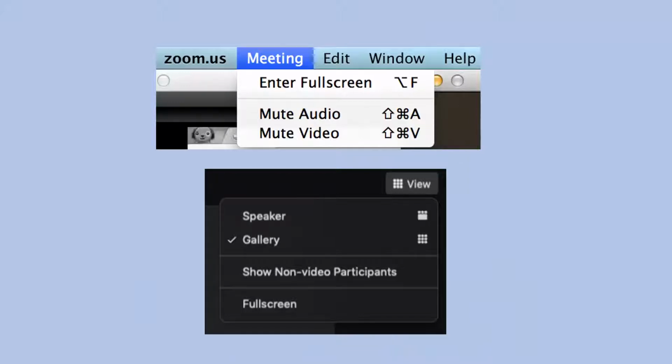If you click full screen or enter full screen, depending upon your device, that will make the presentation as large as it's going to be. And if you click on those dots and choose the speaker instead of the panelist or gallery, you should just see the video of the person who is speaking.